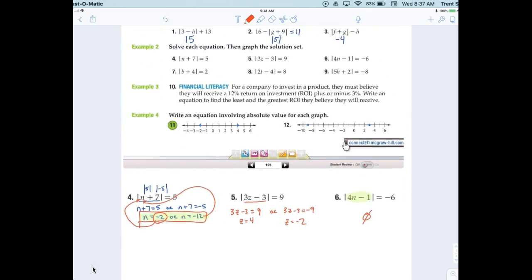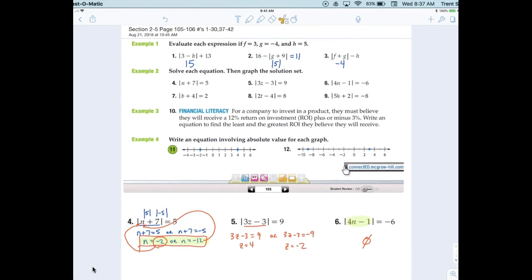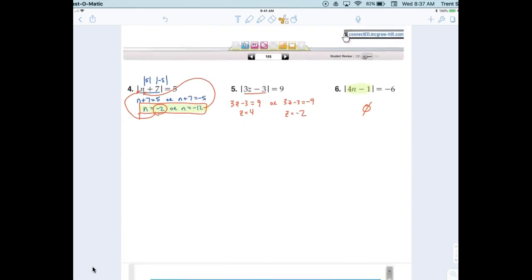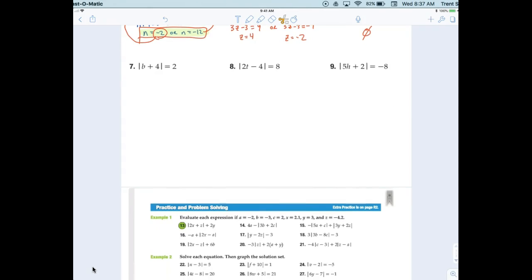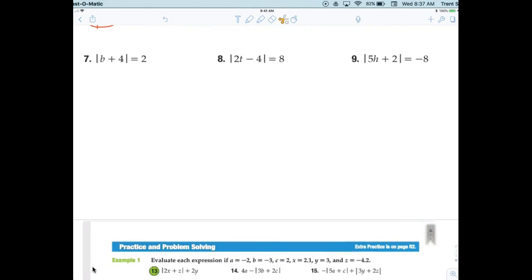All right, so here we go. I want to look at 7, 8, 9 now just to make sure. So here we go, number 7. How are we going to write this? Go ahead, Cole.